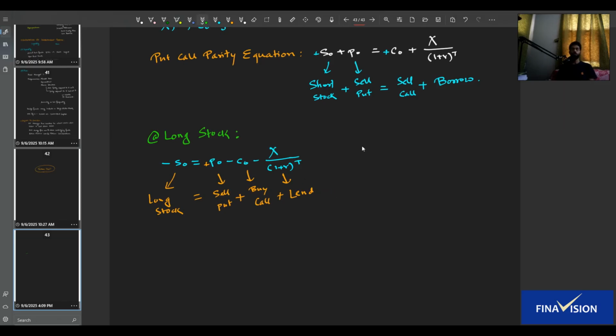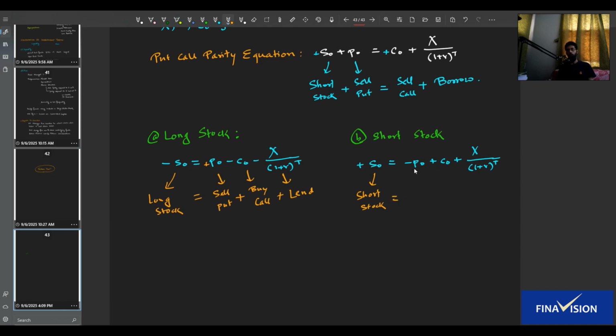Then how to create a short stock? Let's see. A short stock means there is cash inflow. So plus S0 is equal to minus P0 plus C0 plus present value of the strike. We're just using the put call parity equation to synthesize our positions here, right? Now this can be interpreted similarly to what we did on the previous occasion. Plus S0 means there is shorting of the stock.